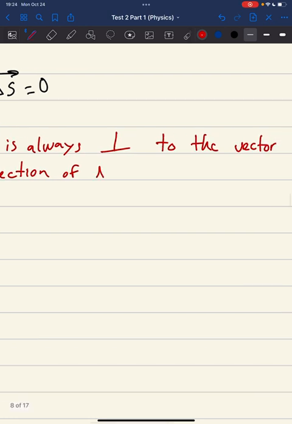No projection of N into the change of S. So it will be 0. Yes, that will be for part A.